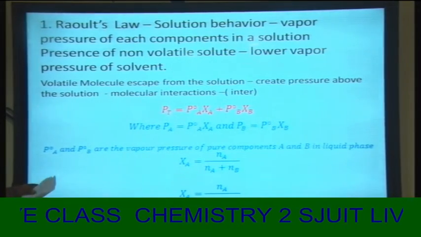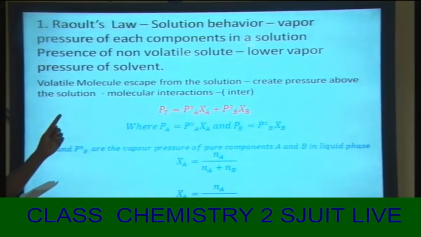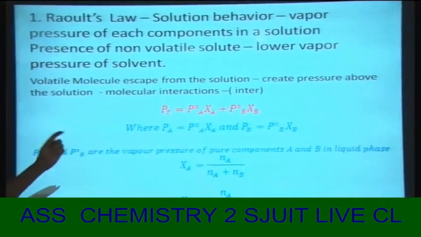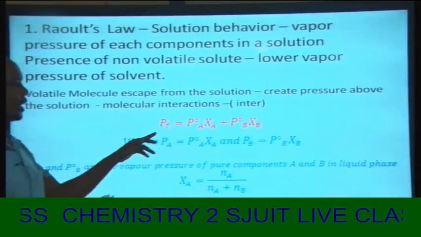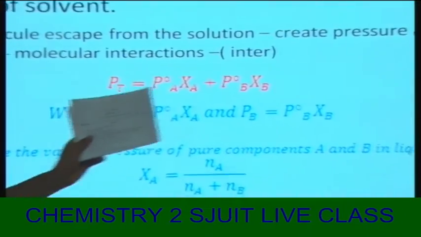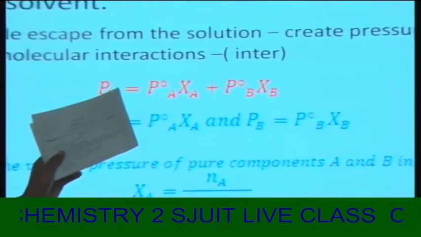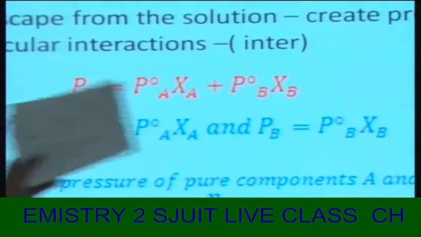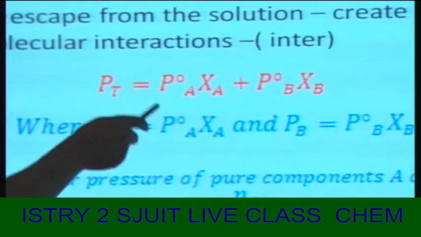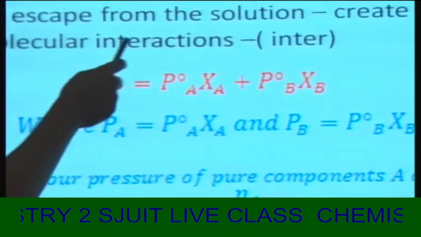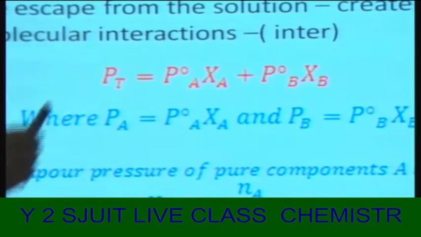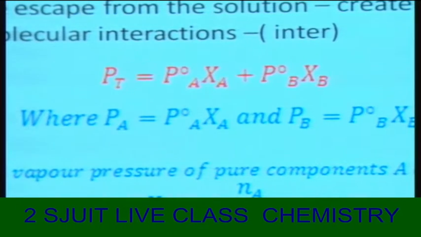From Raoult's law, we can state it as total pressure developed above the solution is equal to mole fraction times partial pressure of the first component, that is component A, plus pure pressure of component B times its mole fraction.